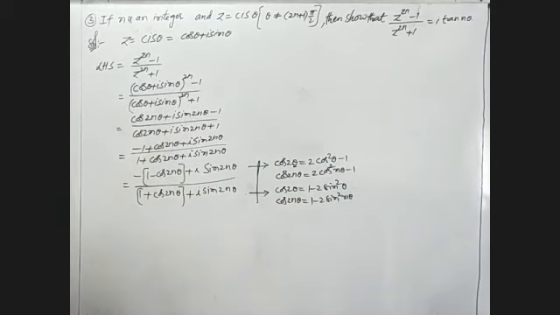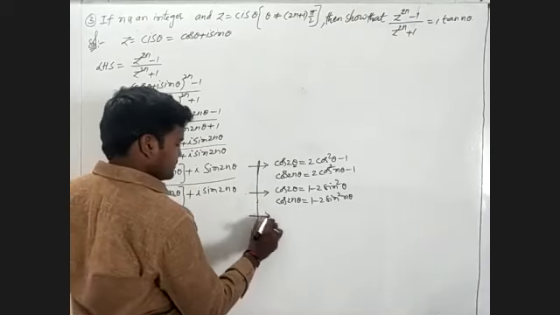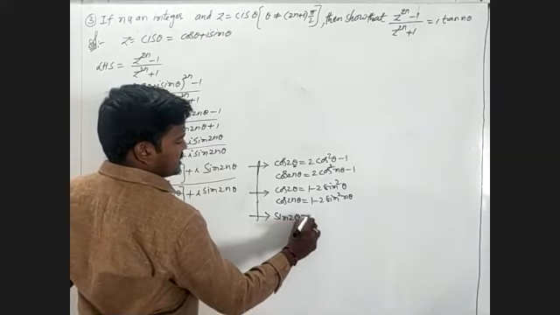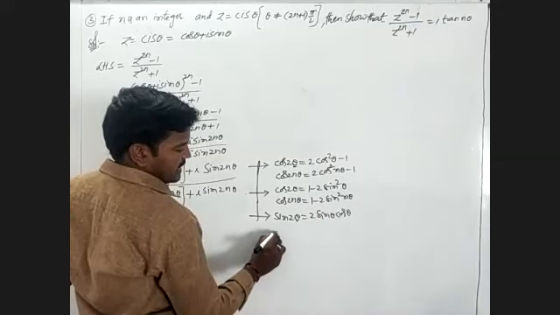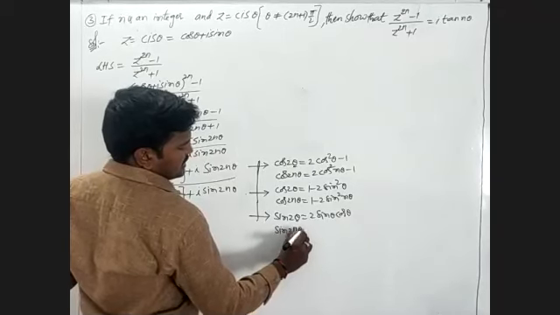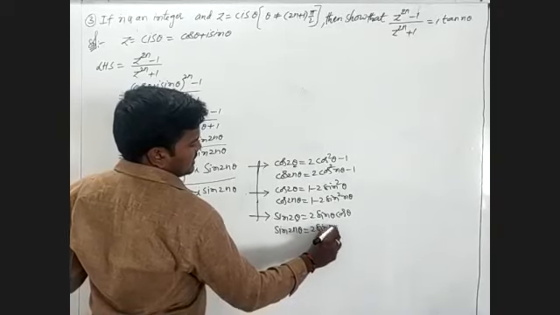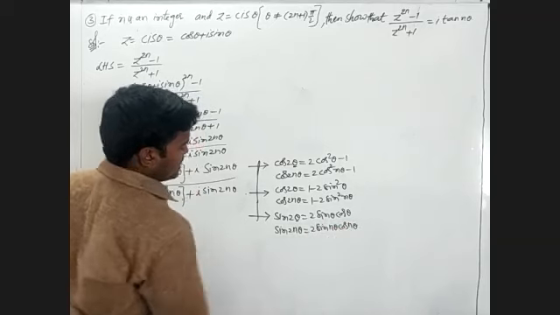How to apply this? Again, sin 2 theta is nothing but 2 sin theta cos theta. Here also taking theta as n theta, sin 2n theta is equal to 2 sin n theta cos n theta.